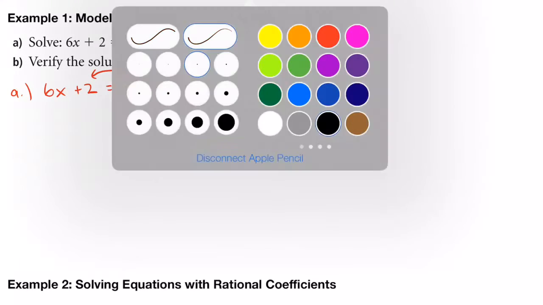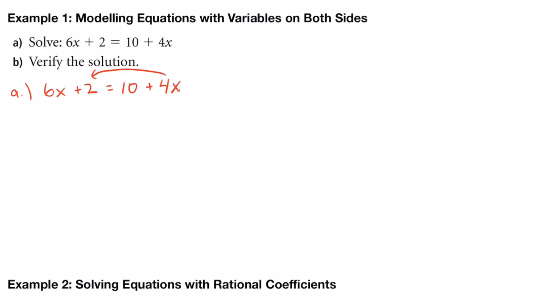To get rid of it on this right side, since it's positive 4x, I want to subtract 4x in order to get rid of it from one side and to move it to the other. And how we do that is you have to remember that whatever we do to one side, we also have to do to the other side. So I also subtract 4x from the other side. And what this does is gets rid of the 4x on the right side.